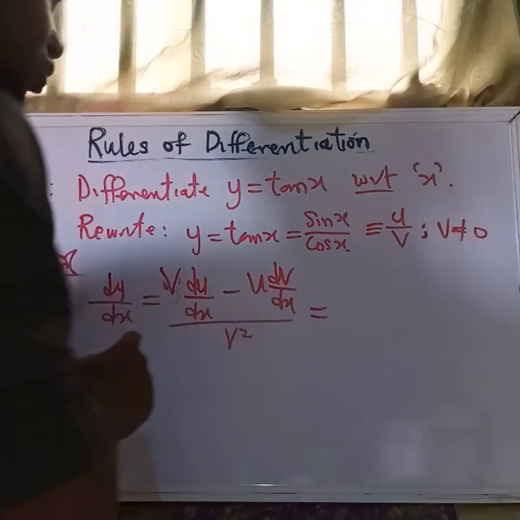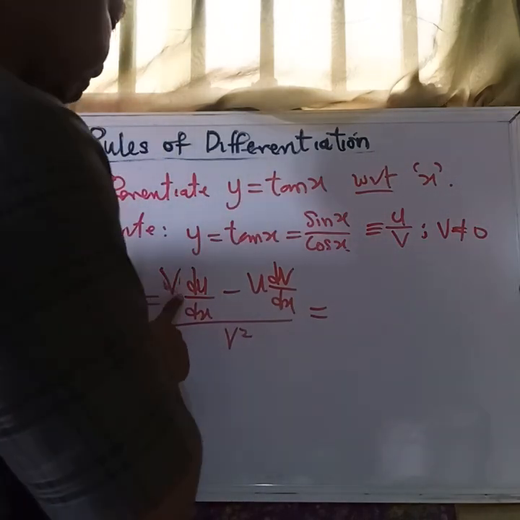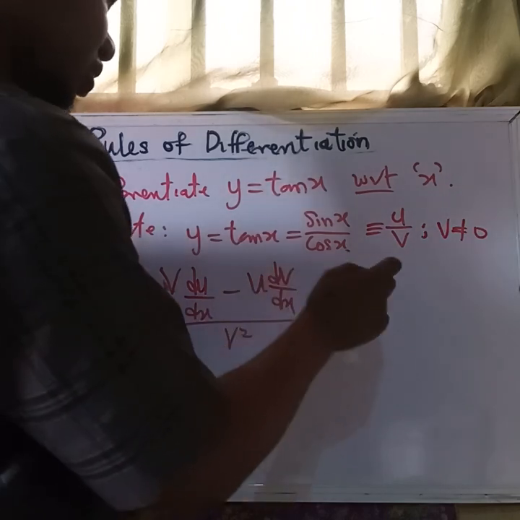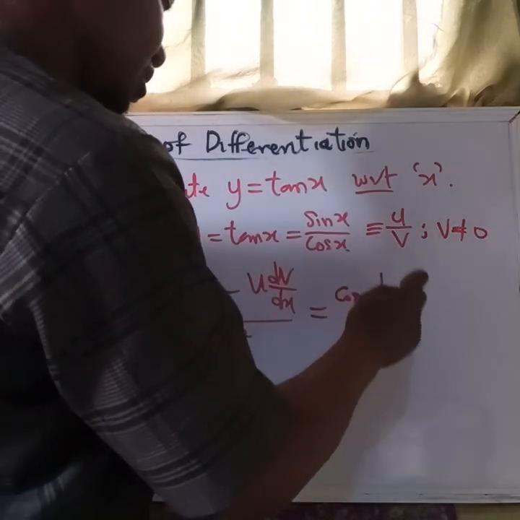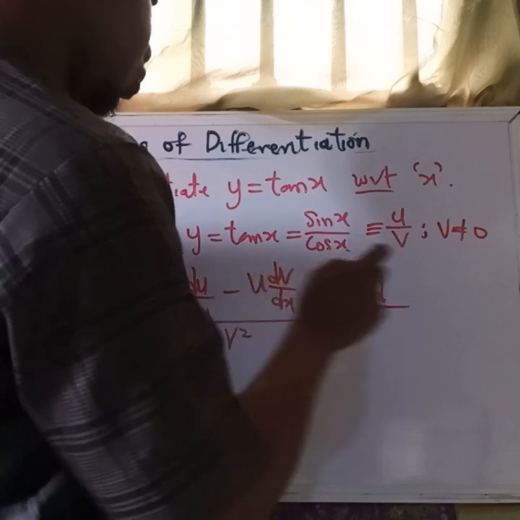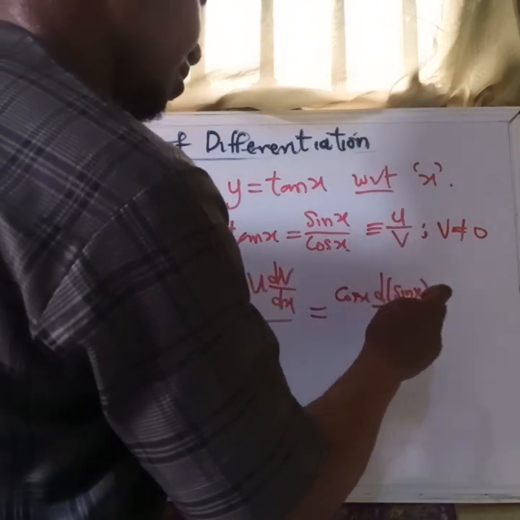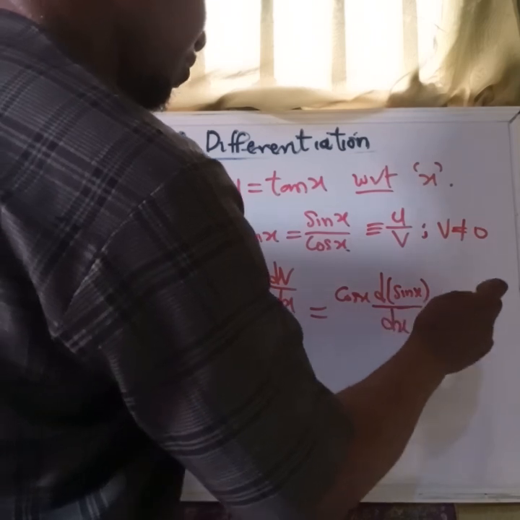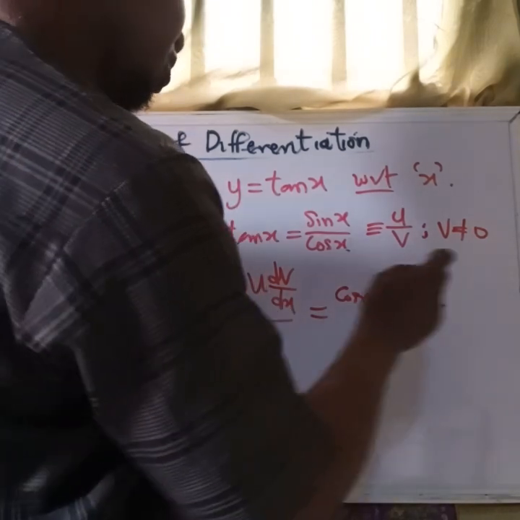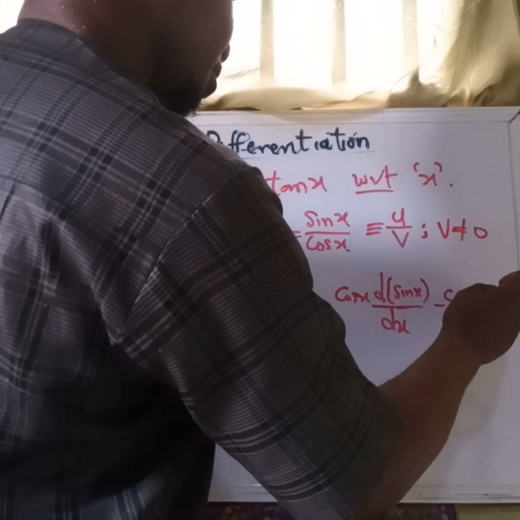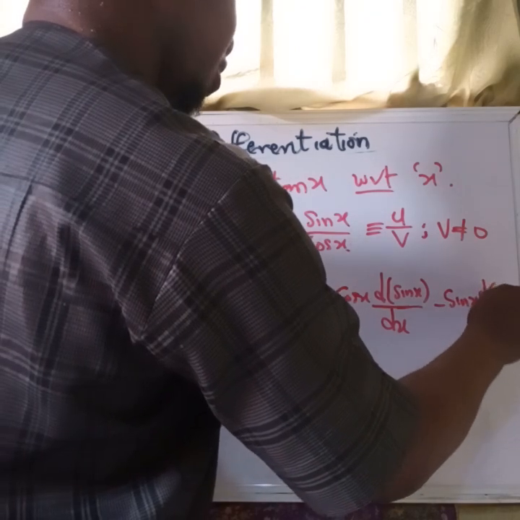This will be equal to v, which is cos x, d of u which is sine x, minus again u which is sine x, d of cos x.